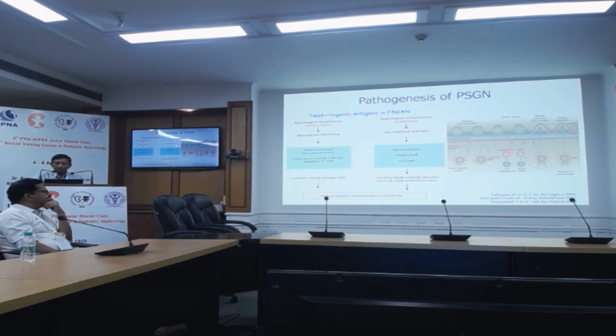These enzymes then degrade the endothelium, helping it to lose its negative charge. This helps in penetration of the antigen or the antigen-antibody complex, which then gets deposited in the subepithelial spaces. And this is what we generally see on electron microscopy as a subepithelial hump. These humps also result in effacement of the podocytes, and that's why you see proteinuria.